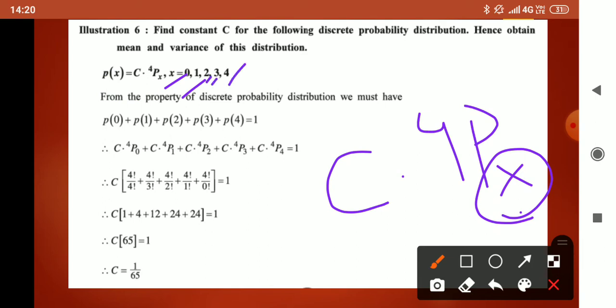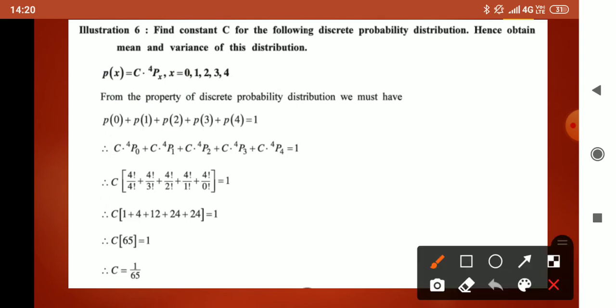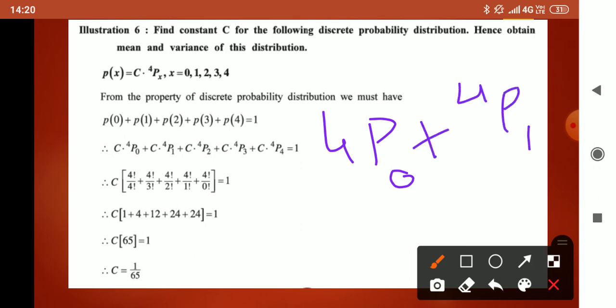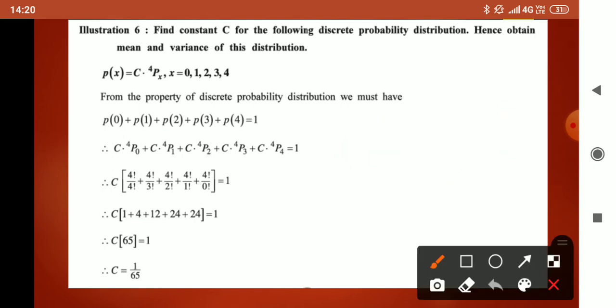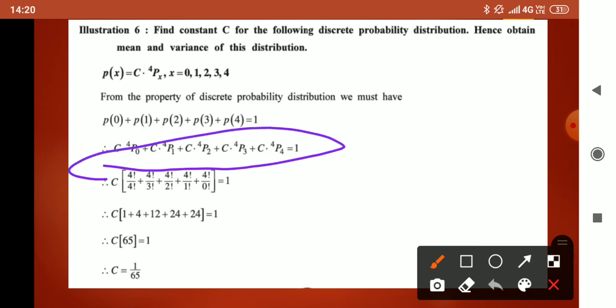So 4P0 plus 4P1 plus 4P2 till 4P4. C is the constant, so this should be equal to 1.